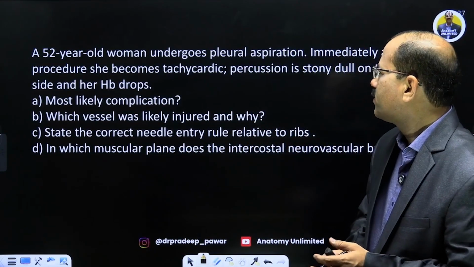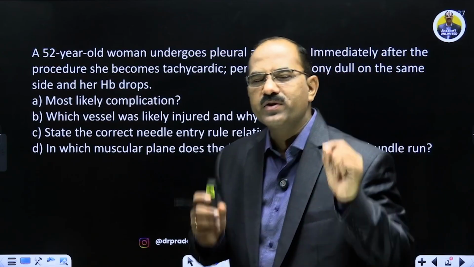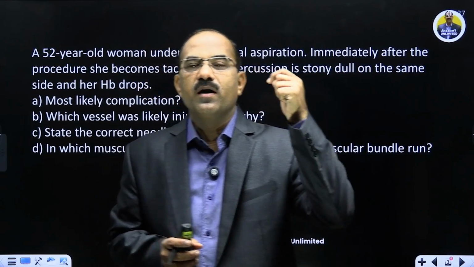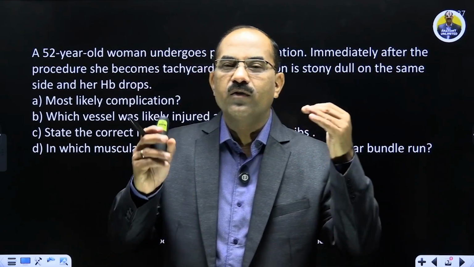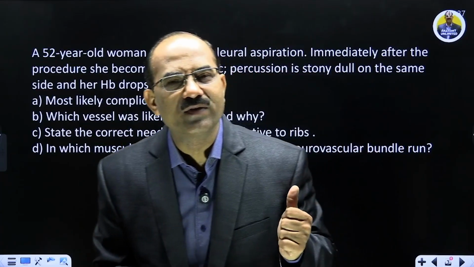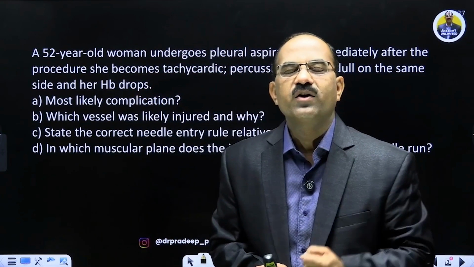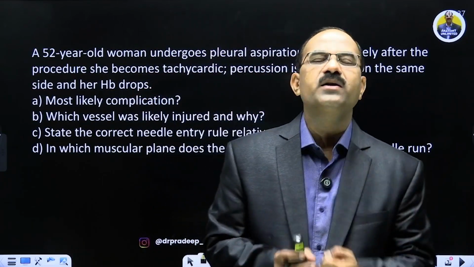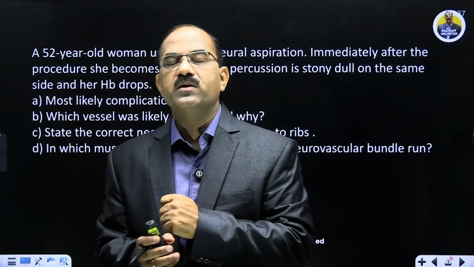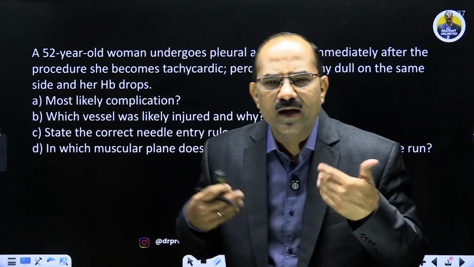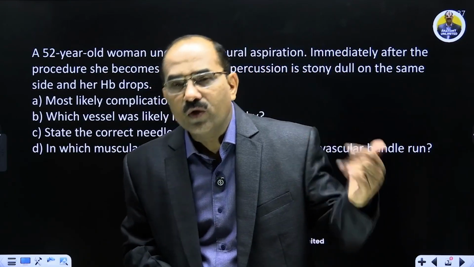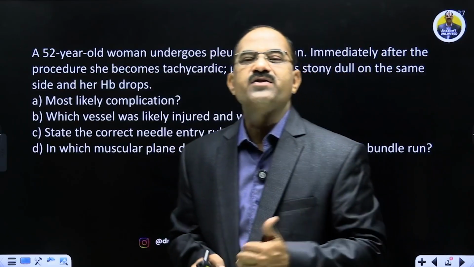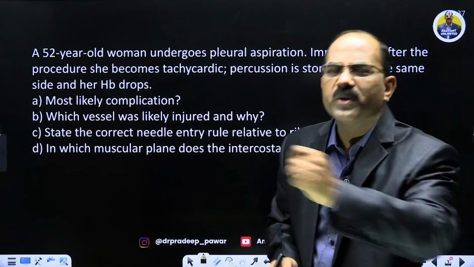So students, pleural aspiration is a procedure to remove the accumulation of fluid in the pleural cavity. Effusion we call it as, and we are aspirating the effusion, and while aspirating the effusion the person becomes tachycardic. There's dull note on percussion and the hemoglobin starts dropping. What do you think? Why is the hemoglobin dropping, students?